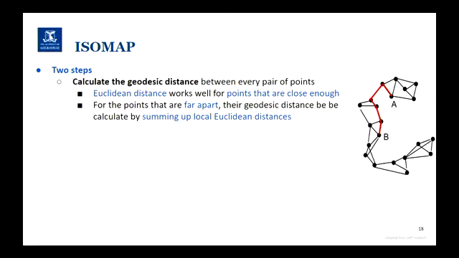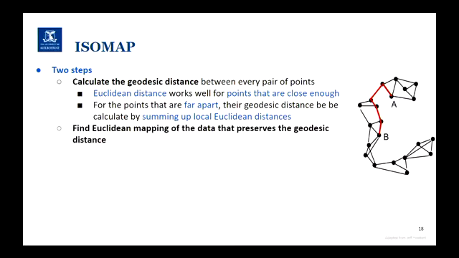For points that are far apart, the geodesic can be estimated by summing up local distances between hops in the path. Then we need to define a Euclidean mapping from the graph distances to actual Euclidean distance, preserving the geodesic distance. Geodesic distance is a non-linear, non-Euclidean distance, so we want to find a Euclidean mapping to 2D, for instance.